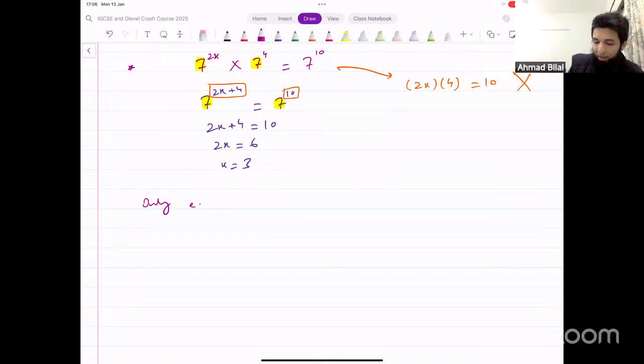You only equate powers when there is a single term on both sides. That's important. There should be only a single term on both sides.